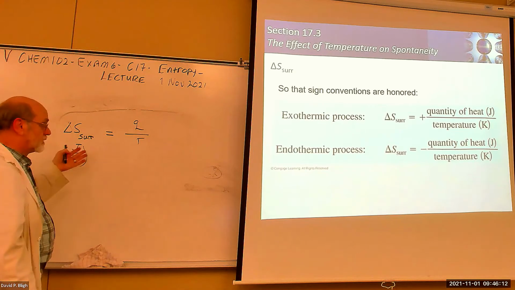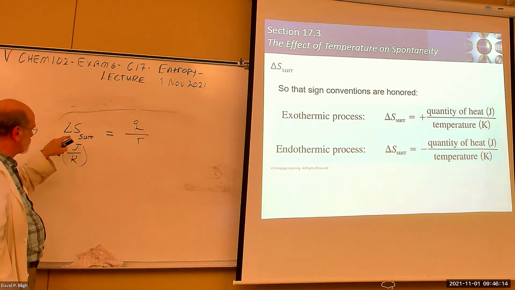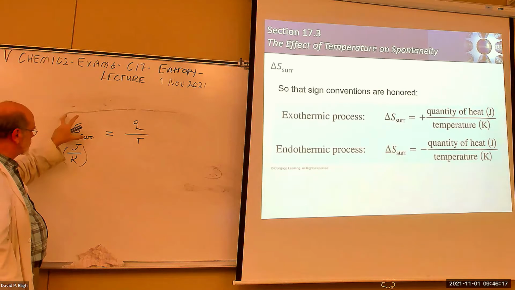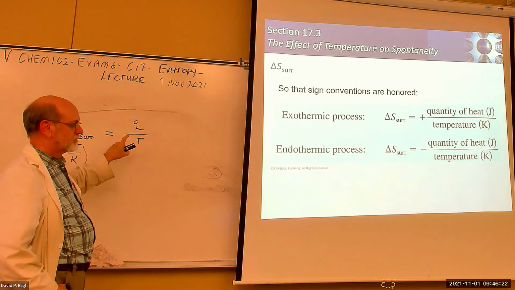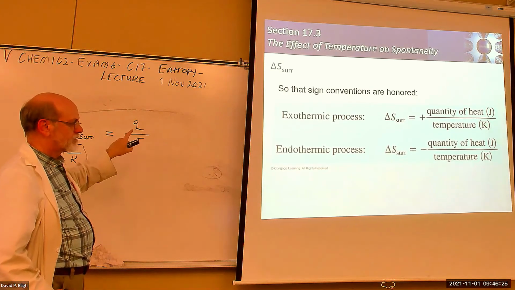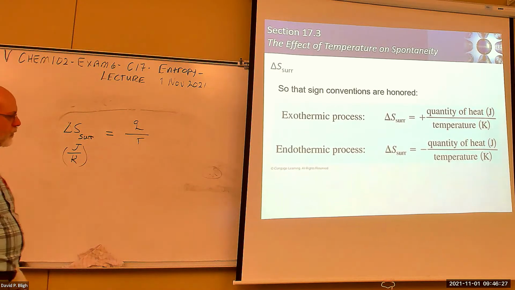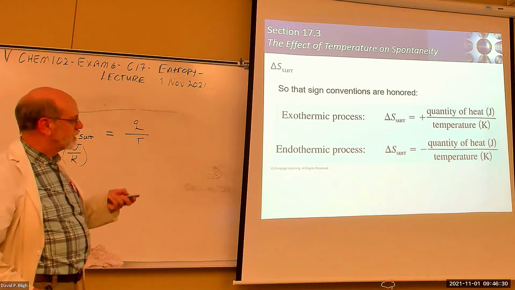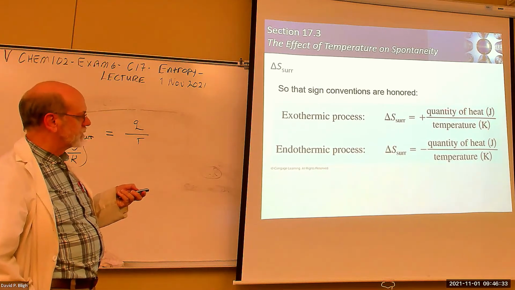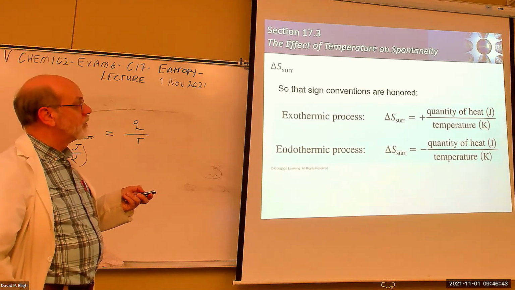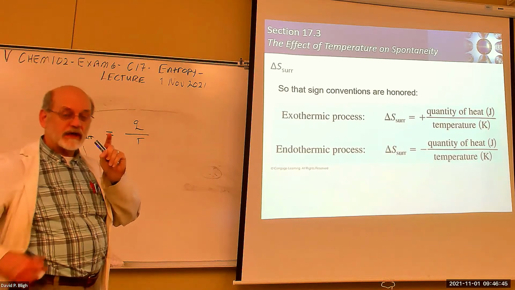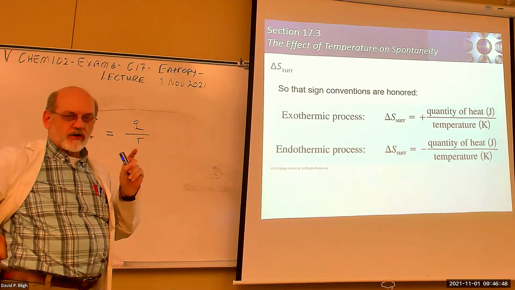So if this is true, and we want this to be spontaneous, then this has to be positive, and then we have to look at these two. For an exothermic process, this is negative. For the surroundings, now we're looking at these processes in terms of the surroundings.